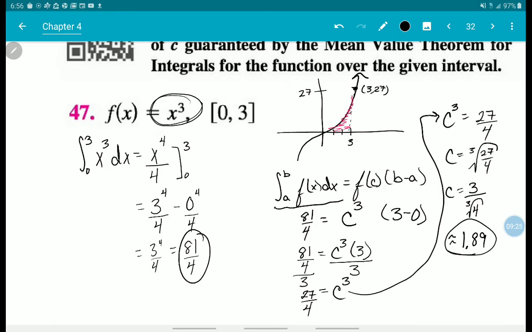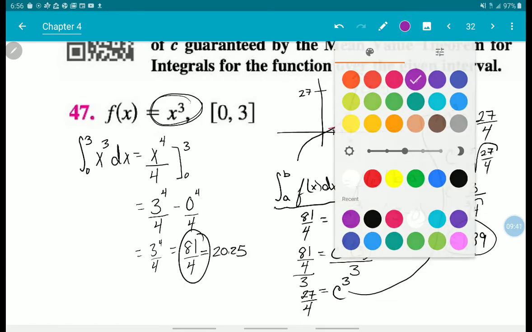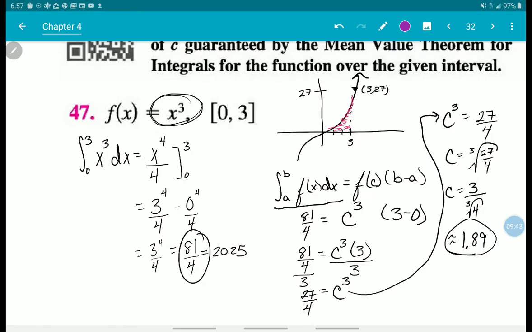So here's what this is saying. We're going back to our graph. The exact area under that curve is 81 over 4. 81 divided by 4 is 20.25. So what this theorem says, the mean value theorem for integrals, is that there's a place in between here, which is a c value. So our c value is 1.89, which is about here.